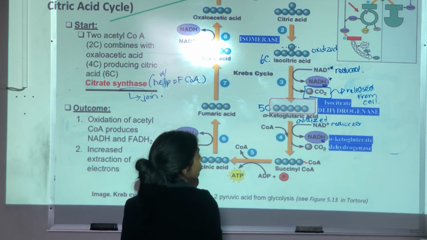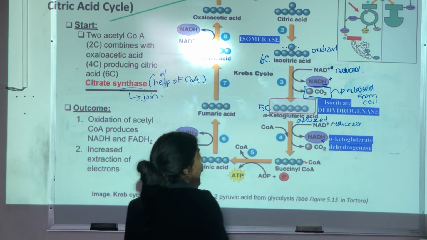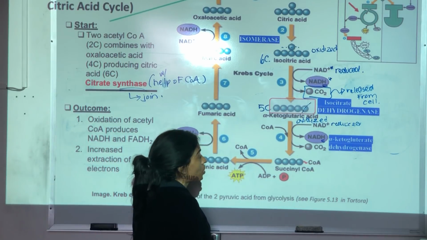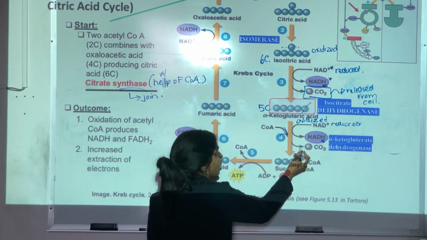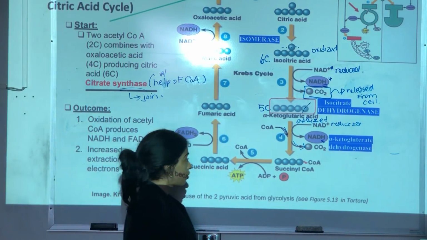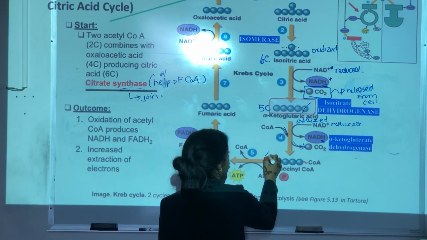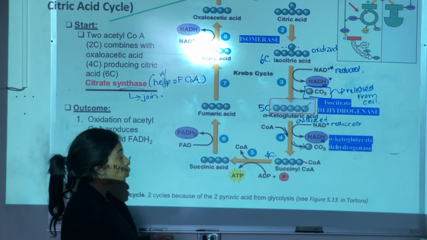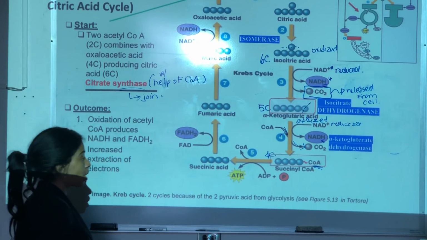The same dots here. And what happens in this step is that the alpha-ketoglutarate acid also loses another carbon and acquires CoA. So we see that CoA is coming in and carbon dioxide is leaving. So this molecule now is a 4 carbon with CoA, coenzyme A, the helper, which will help in the next step.